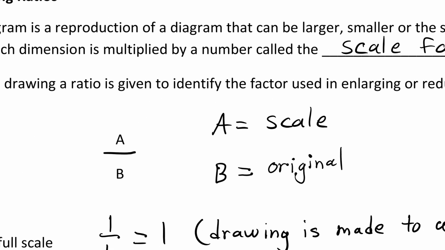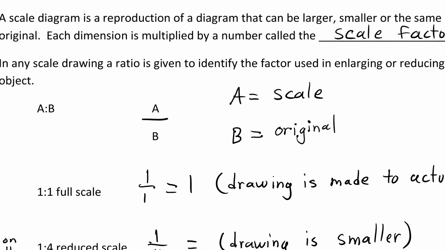Now, the A would be the scale. So the top part is always going to be your scale, and the bottom is going to be your original, so what the actual measurement is. So it's important to keep it this way always, that your scale is on top and your original is on the bottom, so that when we set up the calculations, we're doing them consistently the same.